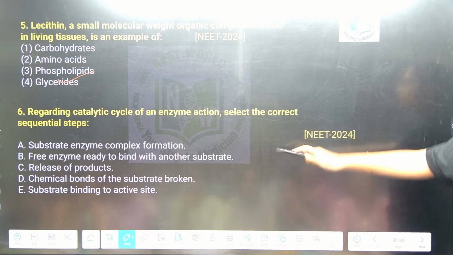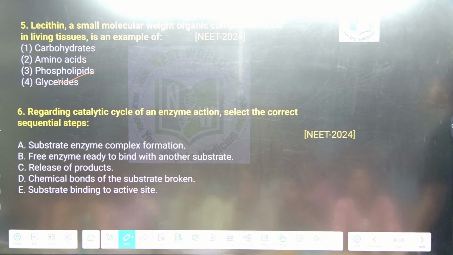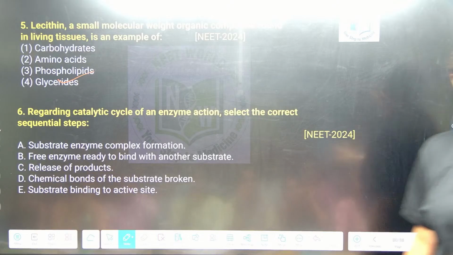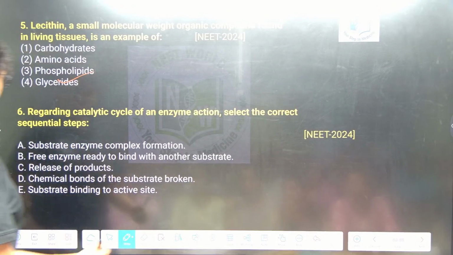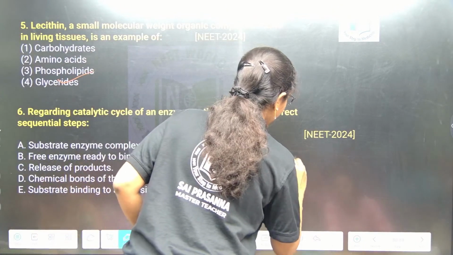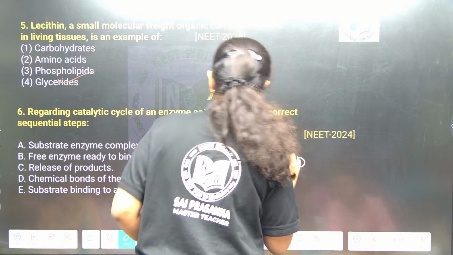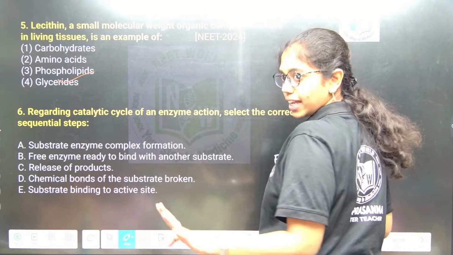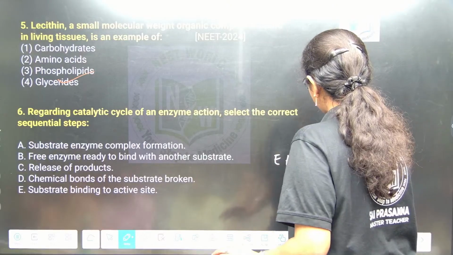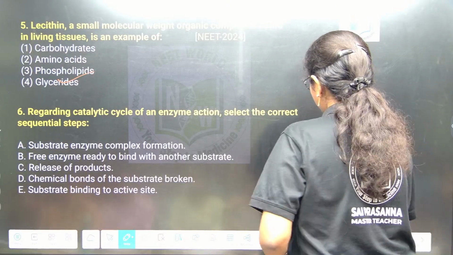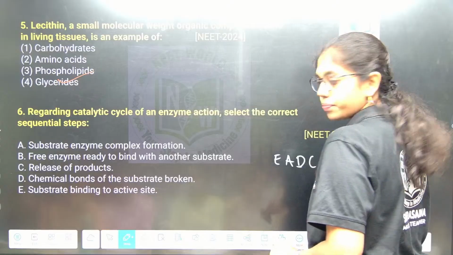Arrange the statements in sequence. Question to this group, only they have to answer. E, A, D, B, C is your answer. C, B, okay. C, B. That's it, no?